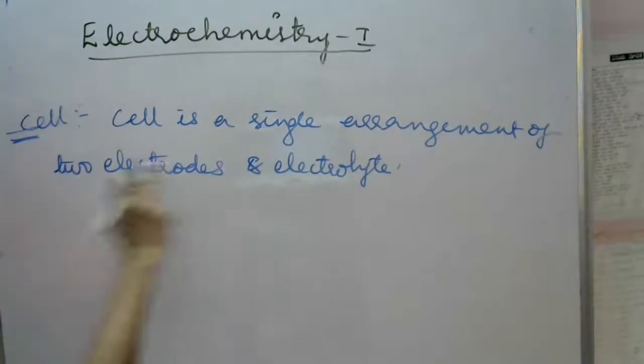Cell is a single arrangement of two electrodes and electrolyte.